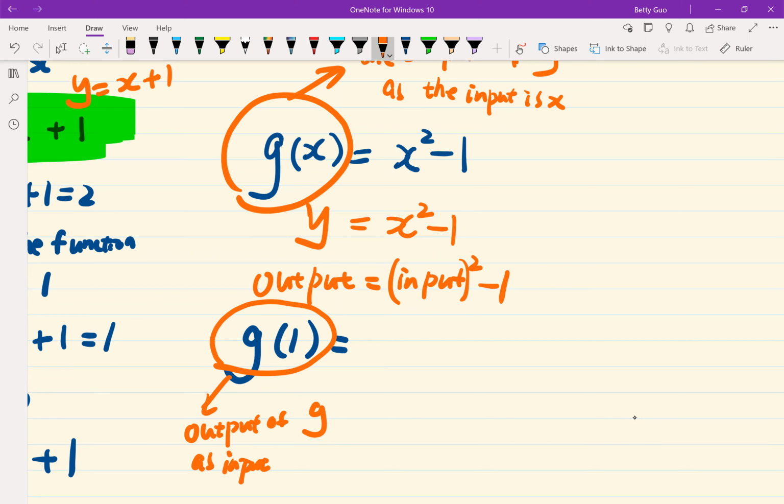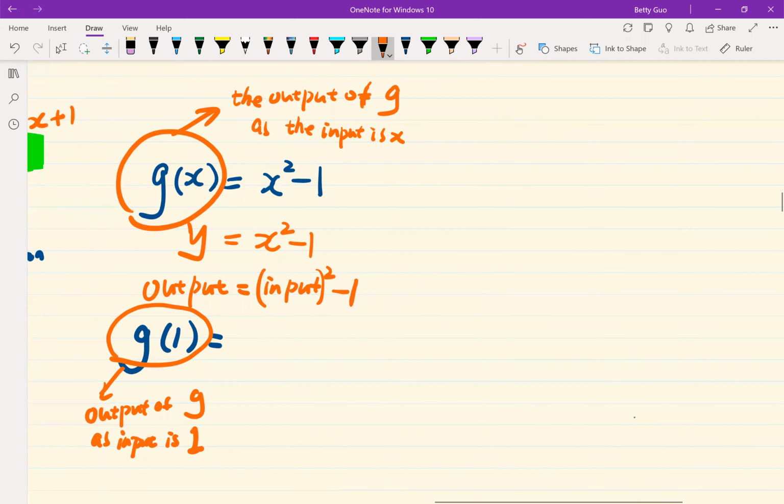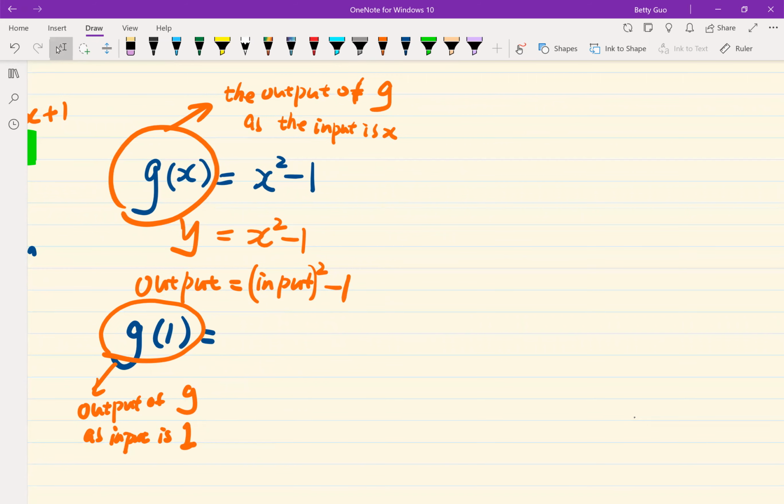Remember, whatever is inside the parentheses, that's the input. Do you guys agree? g of x, the notation. Lauren, do you have any question? g of x represents the output of function g as the input is x. Then g of 1 would represent the output of g as the input is 1, right? Okay, now you understand the meaning of the notation.